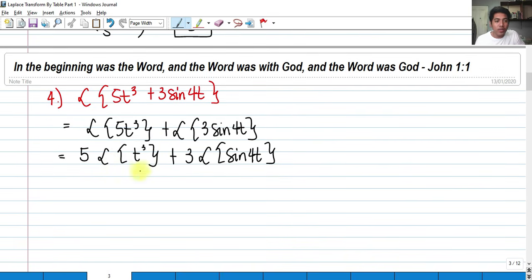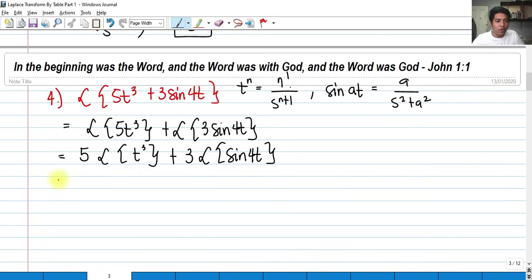And this, we have seen it already, t raised to n is n factorial over s raised to n plus 1. That's the Laplace transform of t raised to n, where n is 1, 2, 3, and so on and so forth. But for sine at, we have discussed a while ago in our table that that is a over s squared plus a squared.